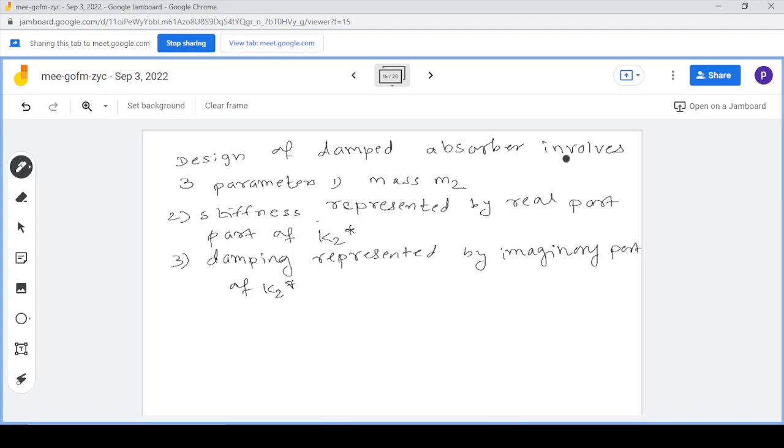So the design of the damped absorber involves three parameters. First is the mass M2, second is the stiffness represented by the real part of K2 star, and the third is the damping represented by the imaginary part of K2 star.